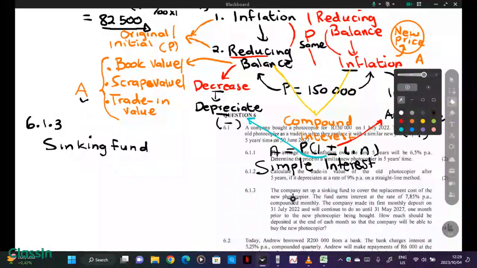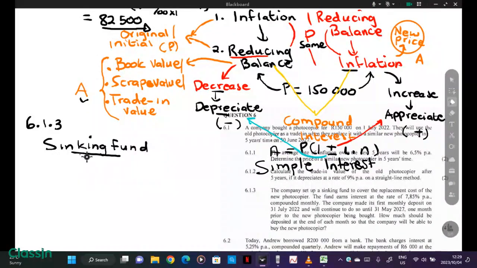Now, this is a very long statement, but I want to break it down to simple. We have the term sinking fund. A sinking fund is equal to inflation minus reducing balance. But in this case, our reducing balance was used on a simple interest.